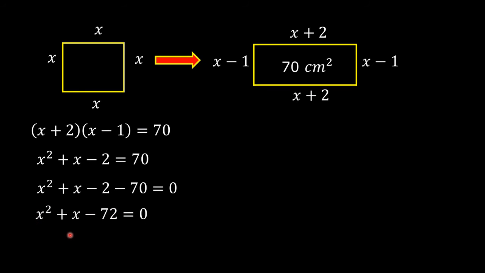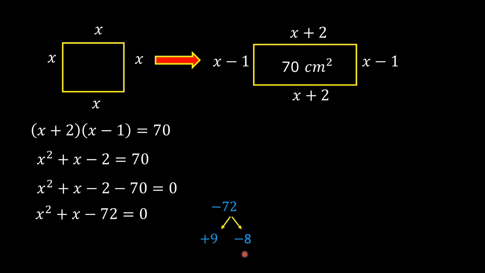Factor the left side. This is the monic quadratic trinomial. Find two numbers that will give a product equal to negative 72 and a sum equal to the coefficient of x, which is understood to be 1. Negative 72, try positive 9 and negative 8.